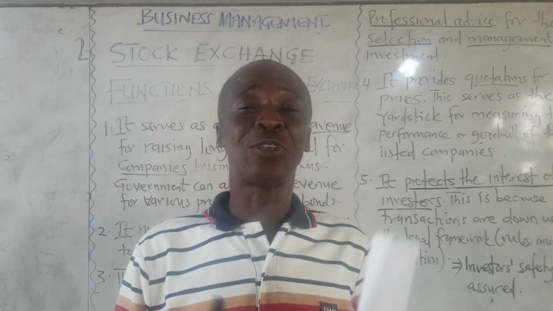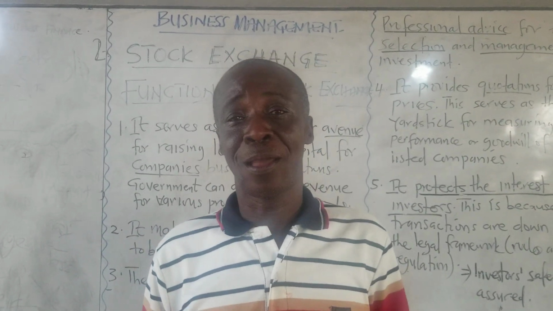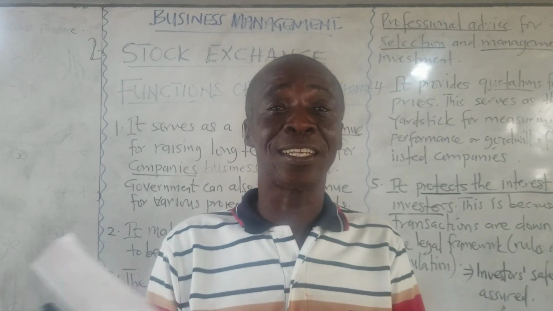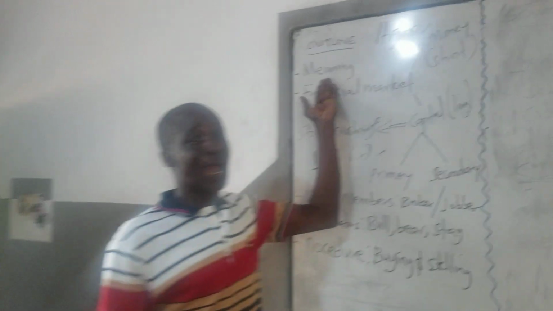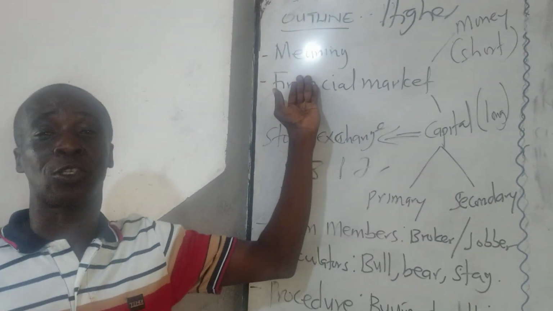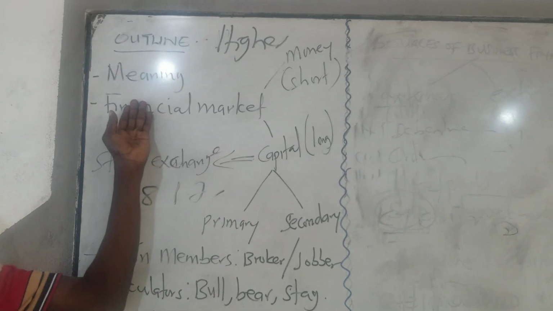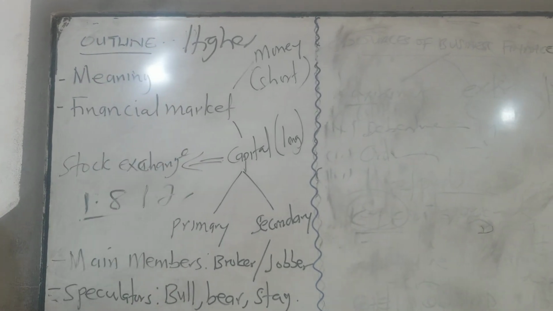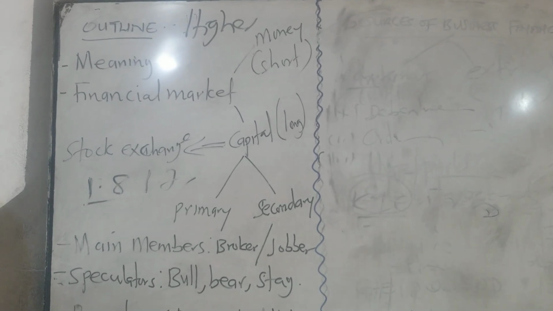But before we start with the functions, let me recap what we have done so far, pointing out certain key things. You remember we learned about the meaning of stock exchange. Now remember, stock means shares. Exchange, so you understand when you say you are exchanging something.